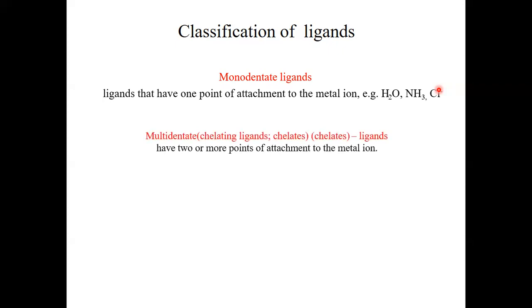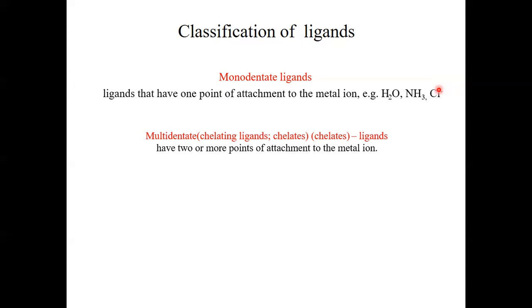All right. Then, in contrast to monodentate ligands, we can also have multidentate ligands, which are also called chelating ligands, coming from the Greek word chela, meaning the great claw.